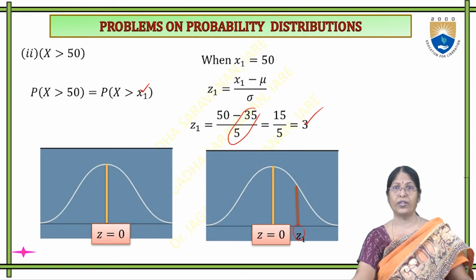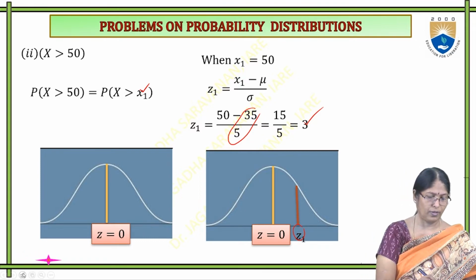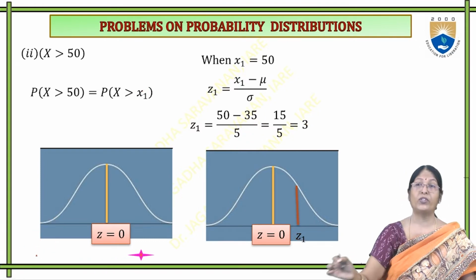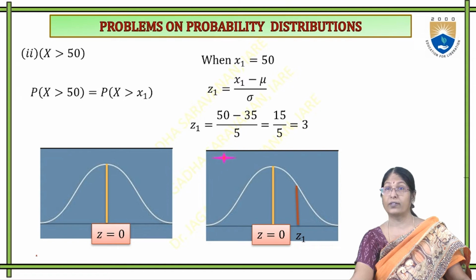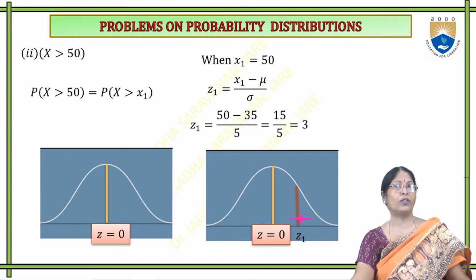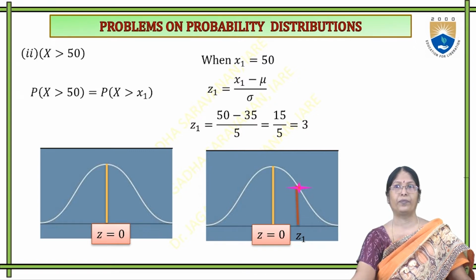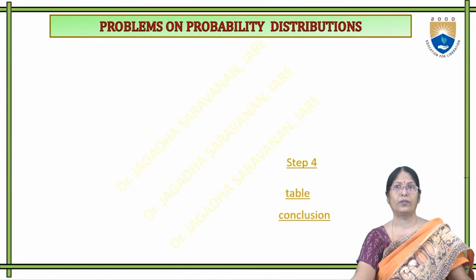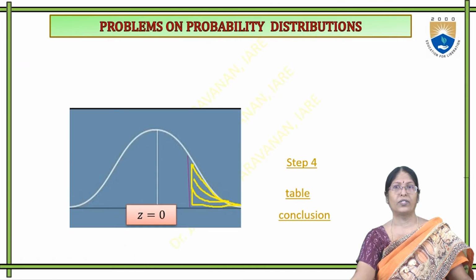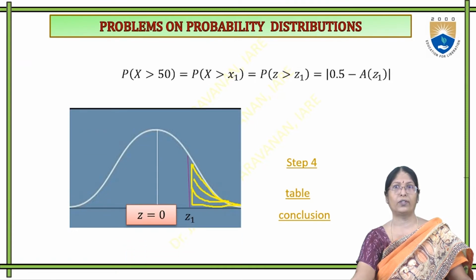The star indicates that the value we obtained is positive, which is why the right hand side is selected. The point is z1 and the vertical line is drawn. So this is the final diagram for x greater than 50.